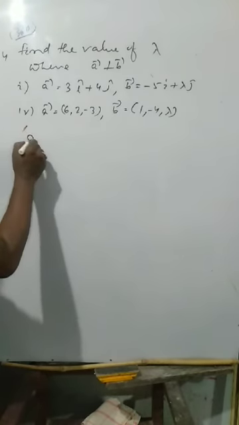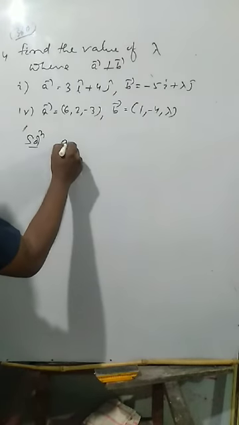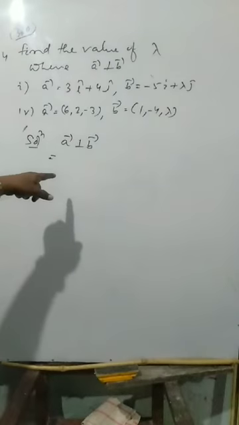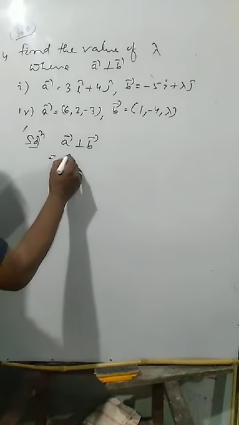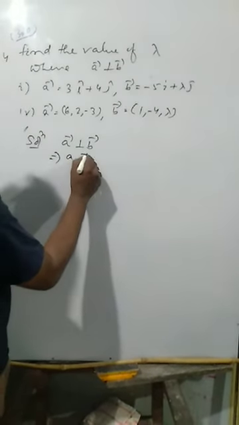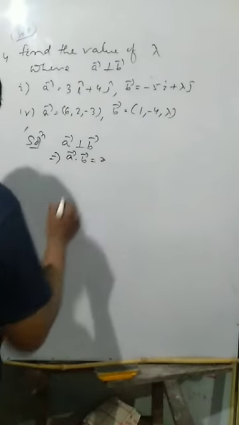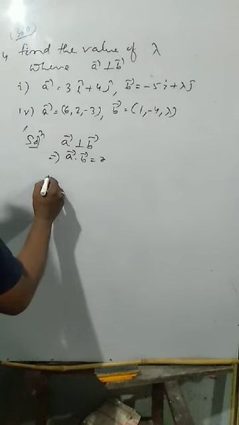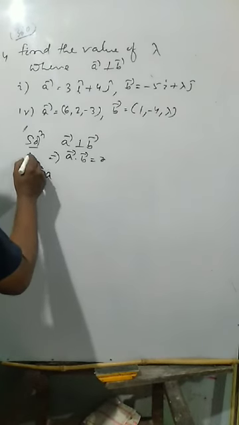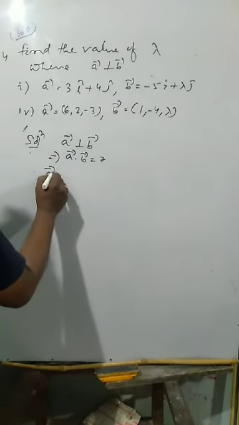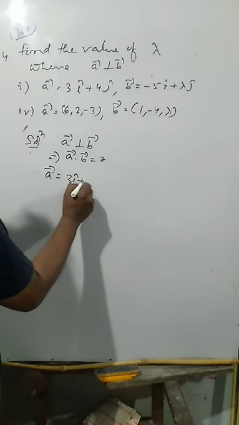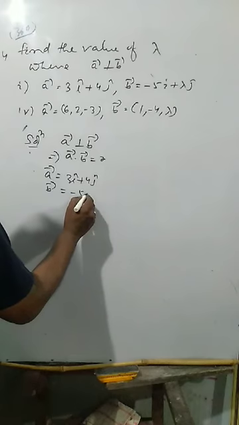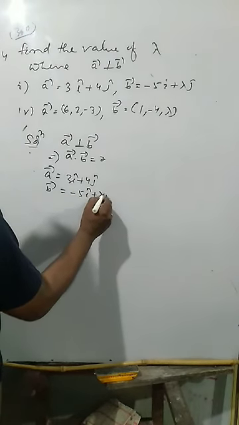Solution. A perpendicular to B. If these two are perpendicular, then A dot B equal to 0. That implies A dot B equal to 0. Okay. So now here also, given the first question, a vector equal to 3i cap plus 4j cap, b vector equal to minus 5i cap plus lambda j cap.